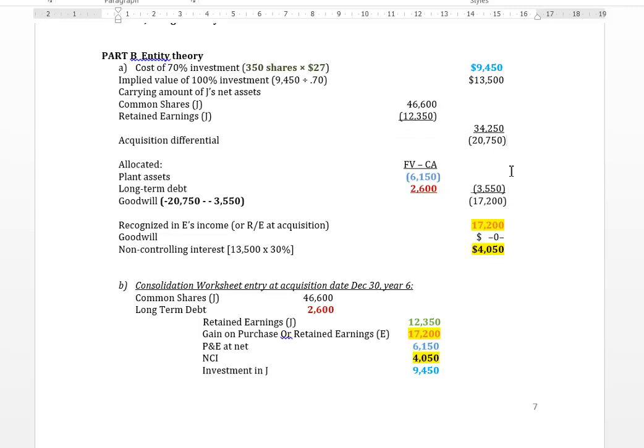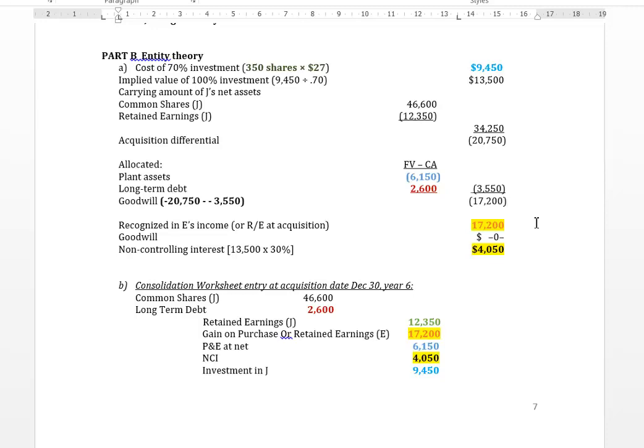So what's left? Of this negative $20,750, we allocated negative $3,550. So minus a minus is like a plus, and that's going to give us negative goodwill of $17,200.